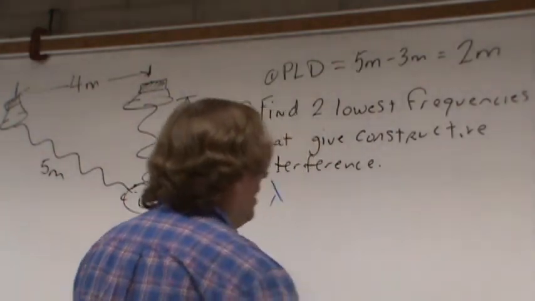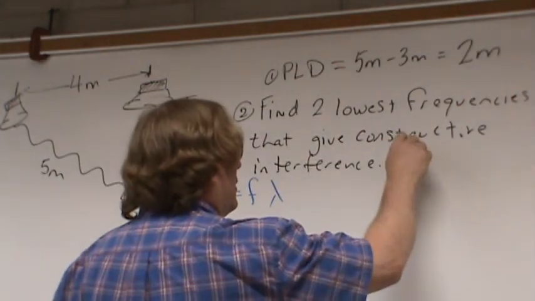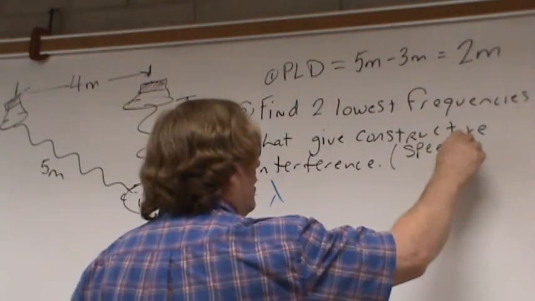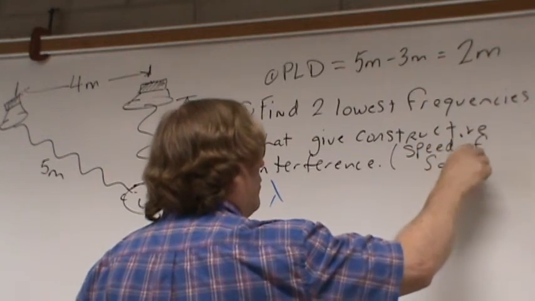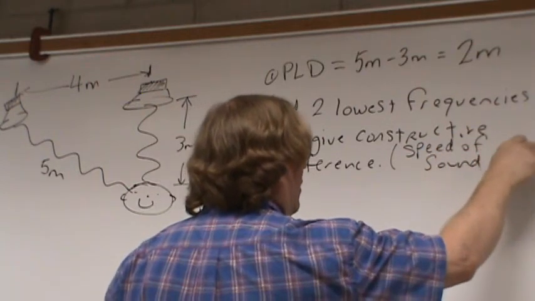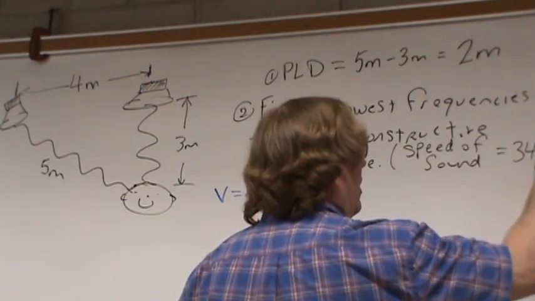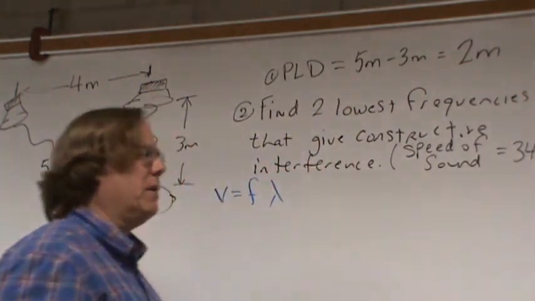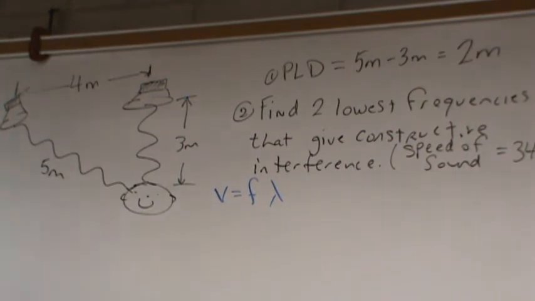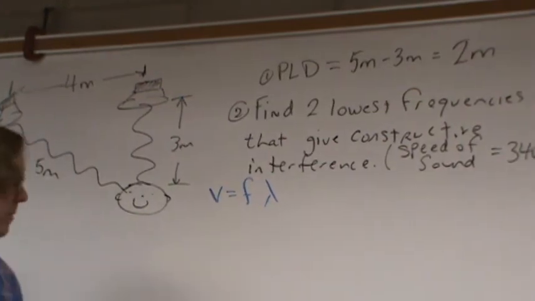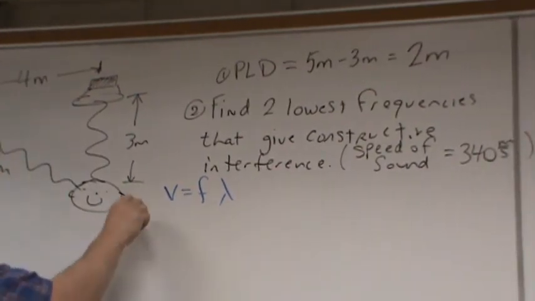At this point, I need to tell you that the speed of sound, which is the speed of the waves that the speakers are putting out, is approximately 340 meters per second. So there you go. I get to say 340 for v.